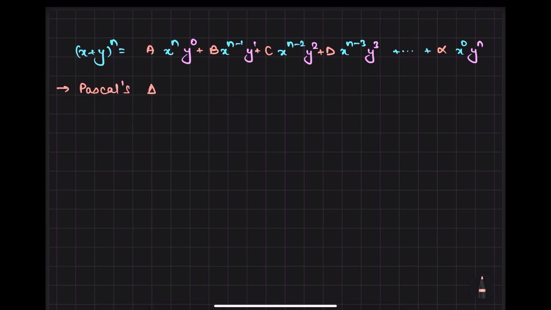So it helps us get the coefficient of binomial terms. Now look at how he has suggested we get the coefficients.